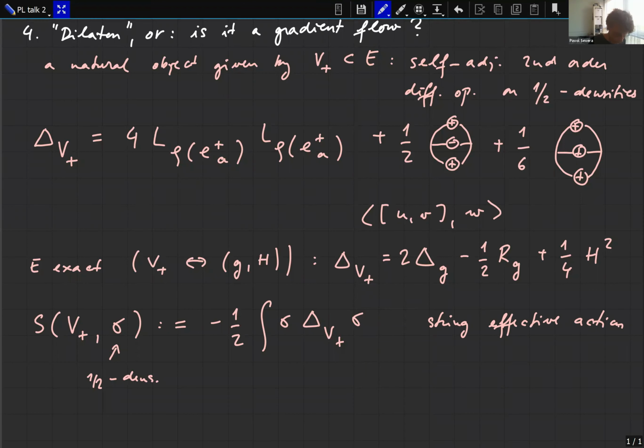More precisely, if you have heard about those things, what one needs to plug in is that sigma is exponential of minus phi, where phi is the dilaton, times the metric half density.